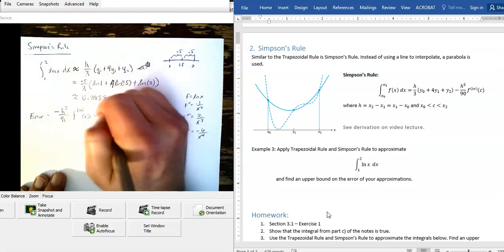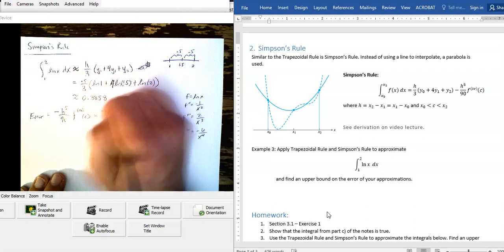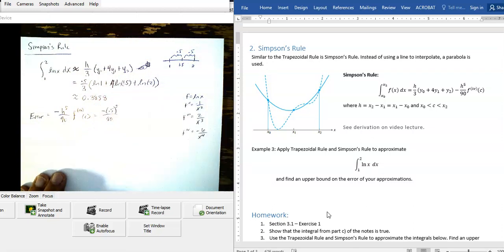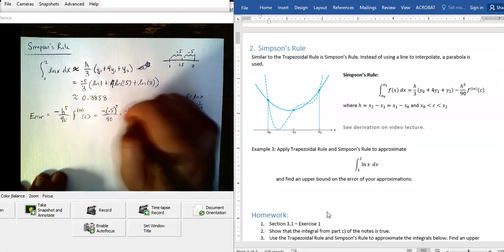So here we have negative 0.5 to the 5th over 90 times negative 6 over c to the 4th in this case.